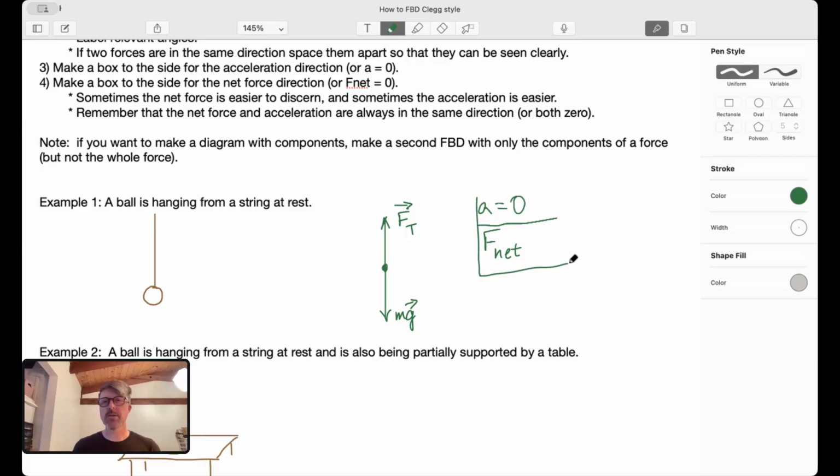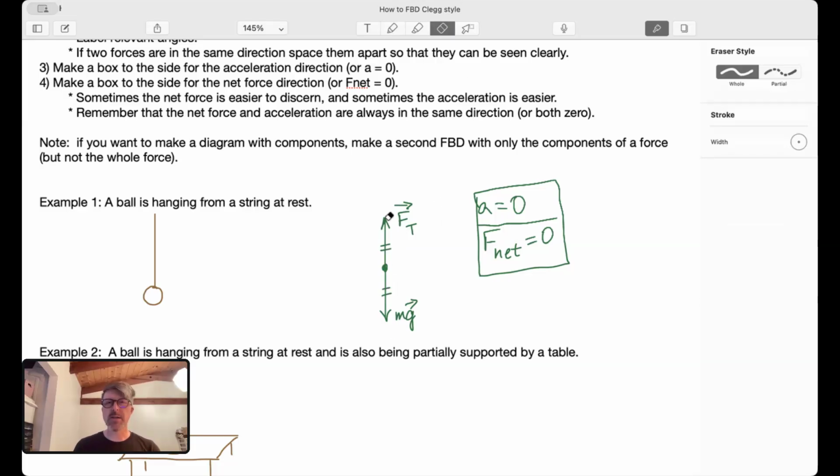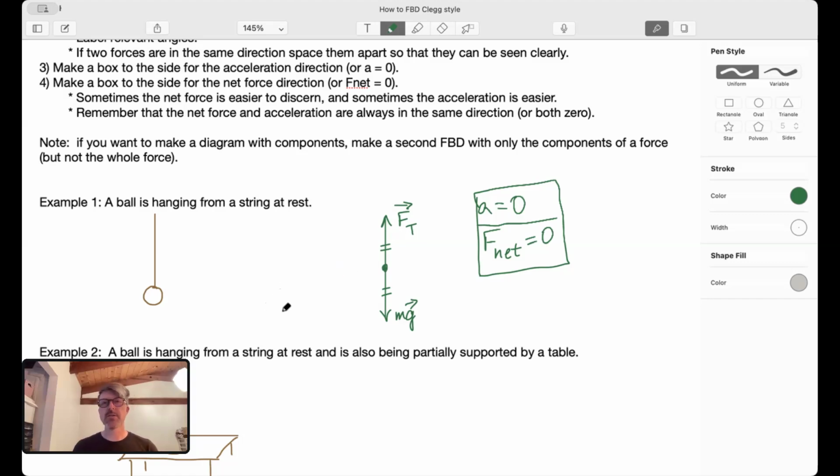And since it's got a 0 acceleration, it also has a 0 net force. And since it has a 0 net force, I know that these two forces have to be equal, so I'll indicate that here. And it looks like I might need to adjust this a little bit because I didn't really measure this, but you want to make it approximately equal on your drawing. It doesn't have to be to scale, but it should be kind of close.